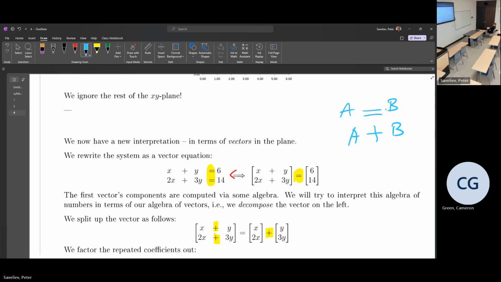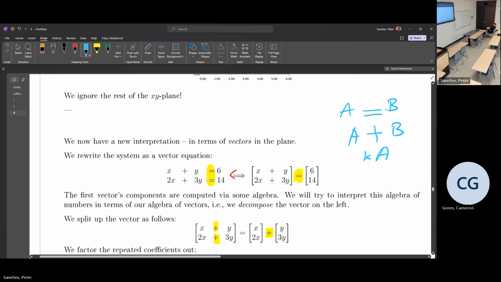Addition. And the other operation on vectors? Scalar multiplication, yes. So say k times a.